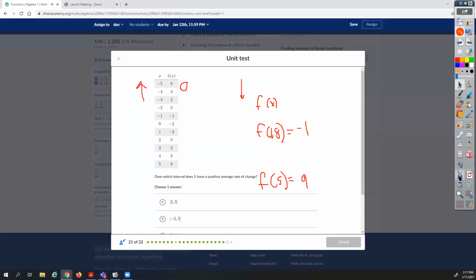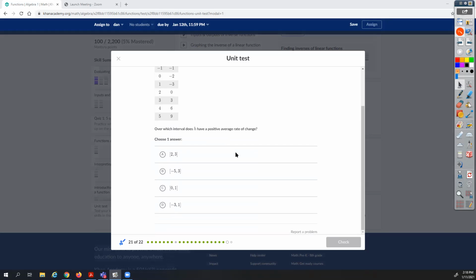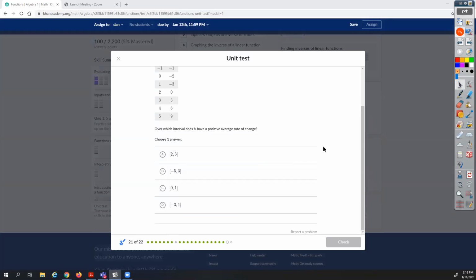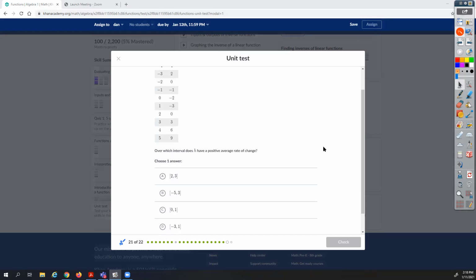All right, let me clear that out. Over which interval does h have a positive average rate of change? The options are 2 to 3, -5 to 3, 0 to 1, or -3 to -1.